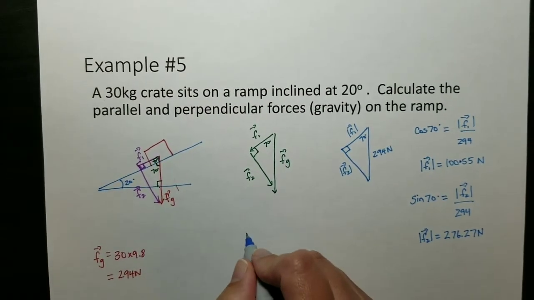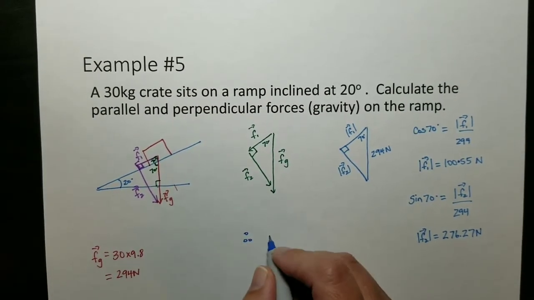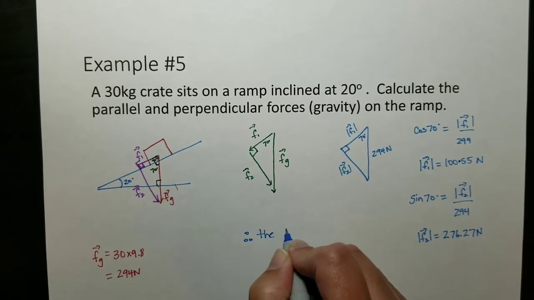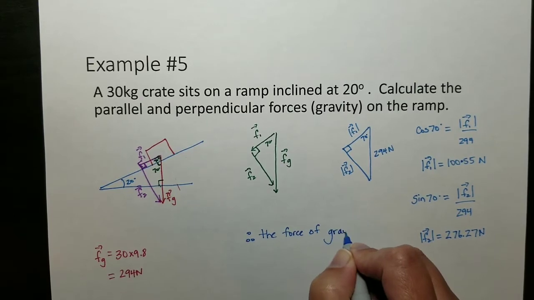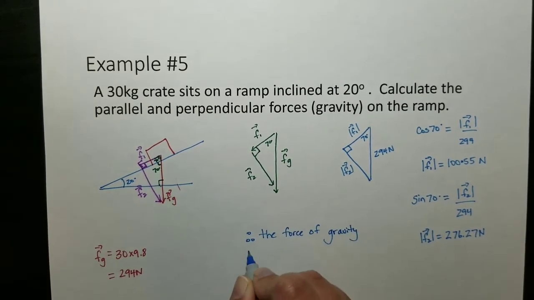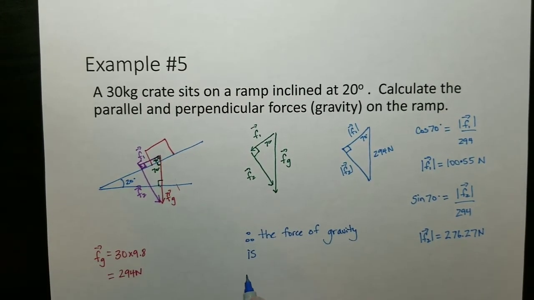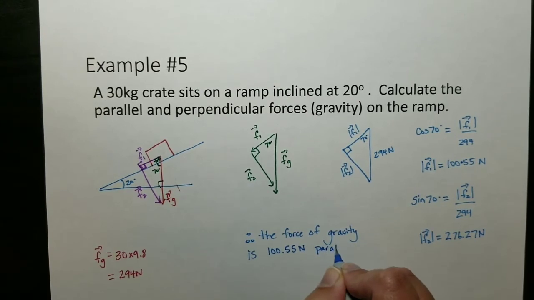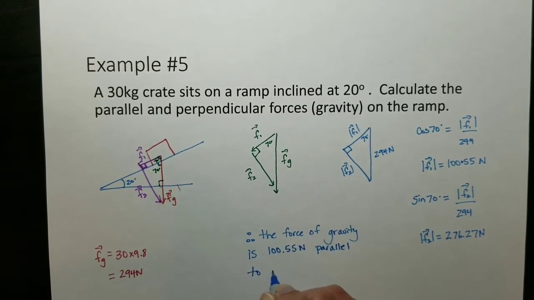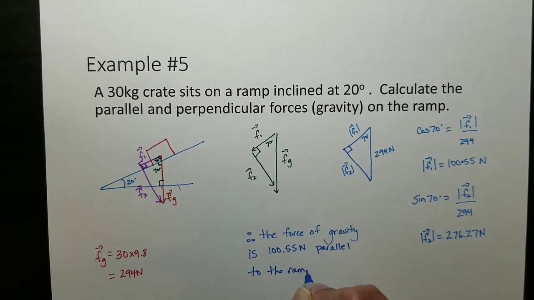So we could say, therefore, the force of gravity is 100.55 newtons parallel to the ramp, and 276.27 newtons perpendicular to the ramp.